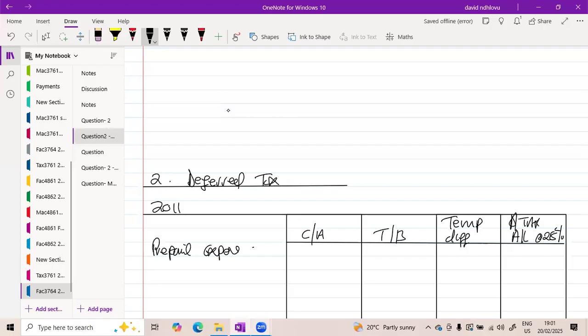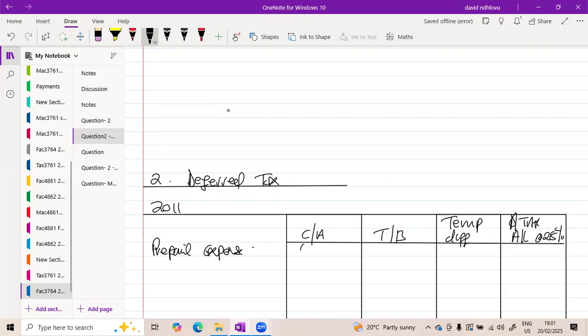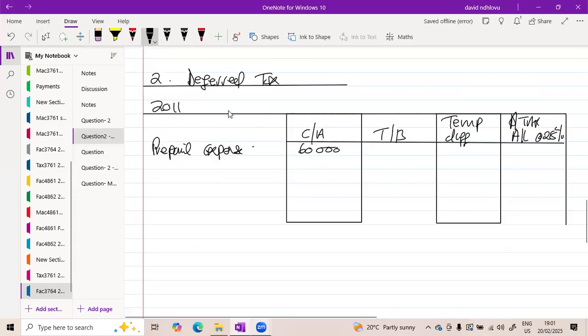And the prepaid expense amount was given here as an amount of how much? So that was 60,000. So we then have an amount of 60,000. This is the carrying amount of my prepaid expenditure. Good people, what will be the value of the tax base in this instance?